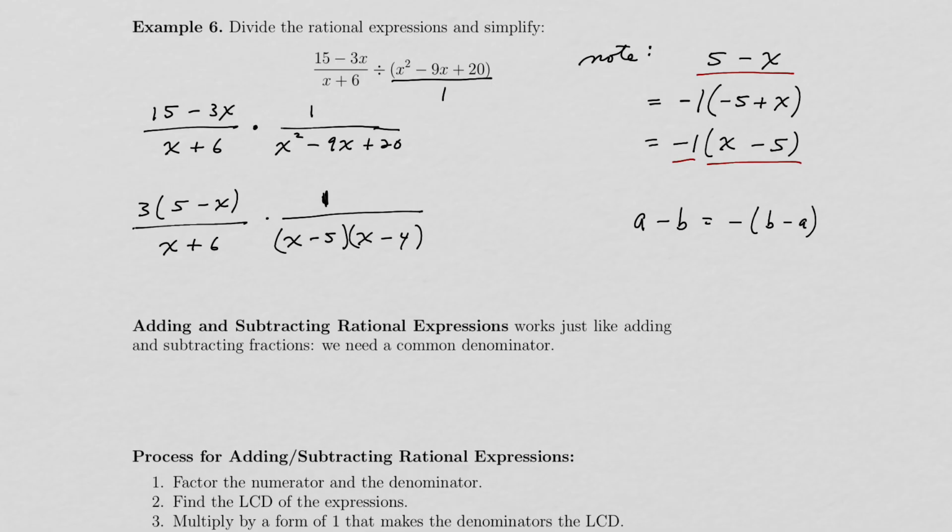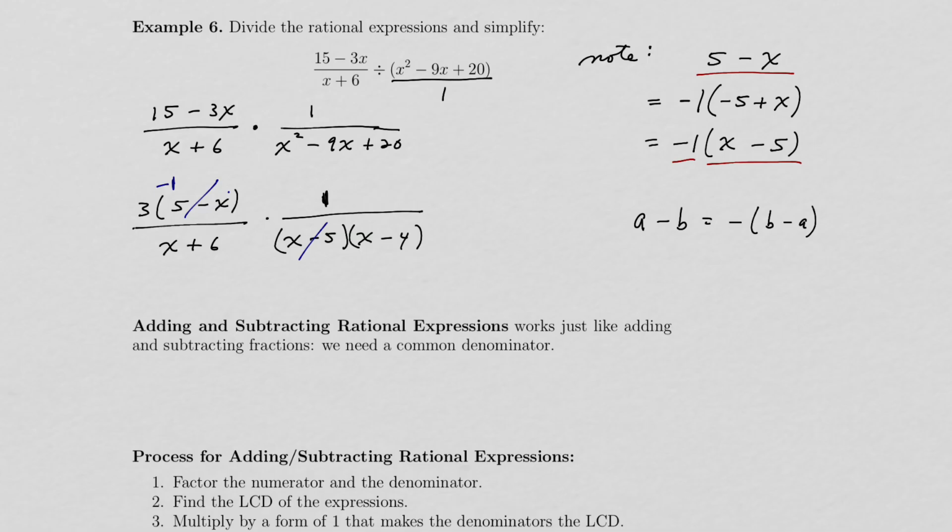So a lot of times what people do, if they see 5 minus x, x minus 5, they'll cancel them and then put a negative 1. Remind you that it's really negative 1, right? Because remember, if I wrote this as negative 1 times x minus 5, then I can cancel x minus 5s, but I'm still left with that negative 1 there. Okay, so you can cancel them, but don't forget you have a negative 1 really.